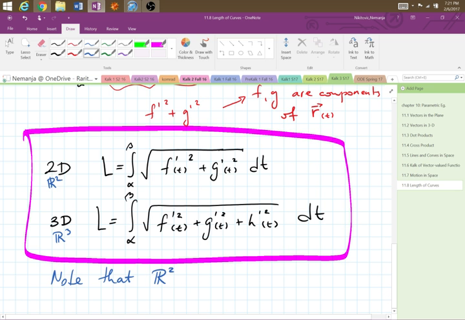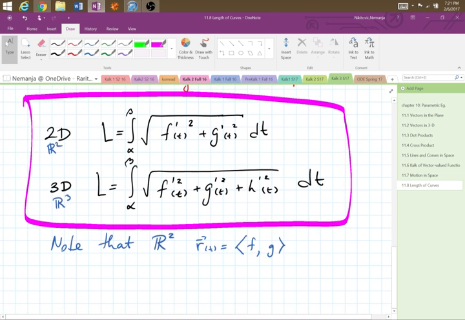Note that for R squared we have r of t equal f, g, and for R3, f, g, h.